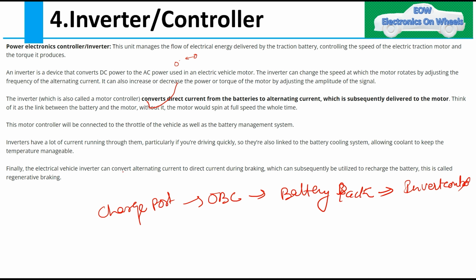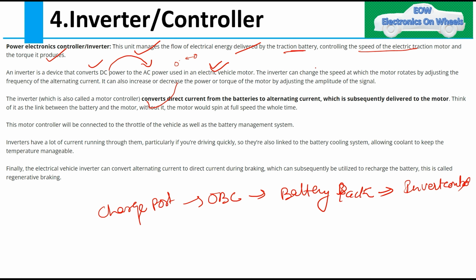So what does this particular unit do? This unit manages the flow of electric energy delivered by the traction battery, controlling the speed of the traction motor and the torque it produces. So basically this particular controller or inverter decides, or you can say the brain of your vehicle is this inverter and controller. The inverter is a device that first converts DC power to AC power, used to run your electric motor.